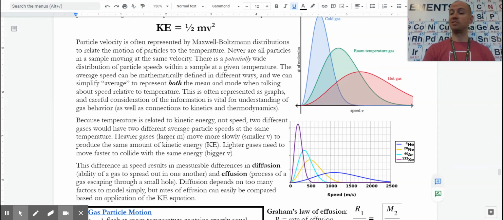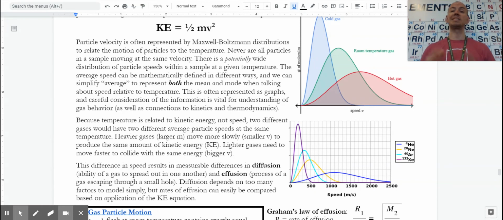So my helium is very flat and wide, showing me that many of my particles have a higher speed than my xenon. The higher velocity accounts for the lower mass, and mass times velocity would give me the same kinetic energy for helium that maybe a big mass and low velocity on average would give me for xenon.